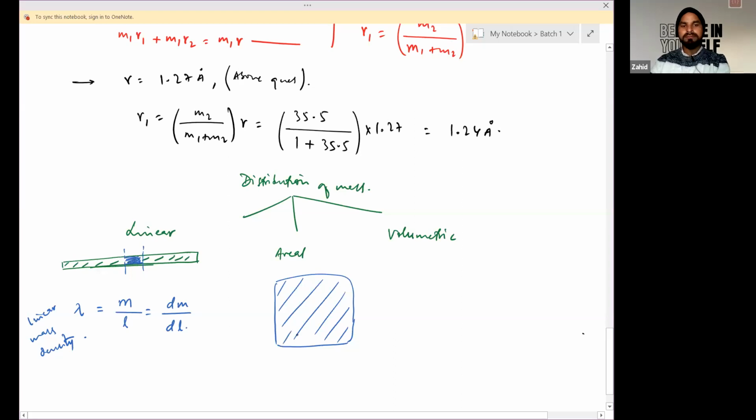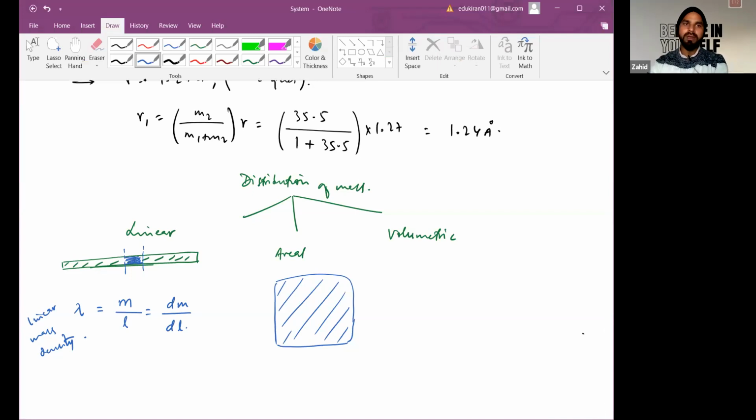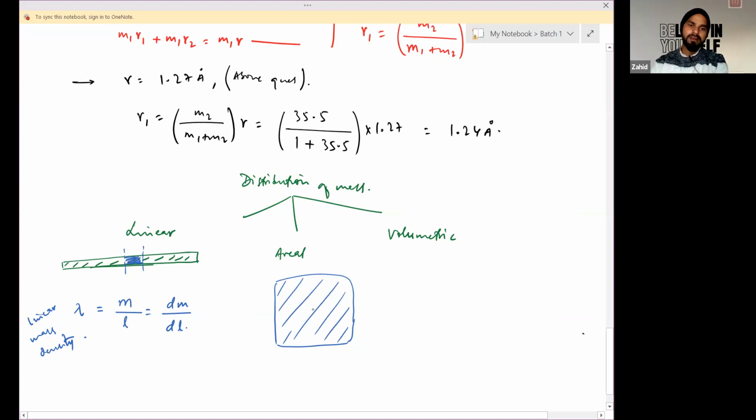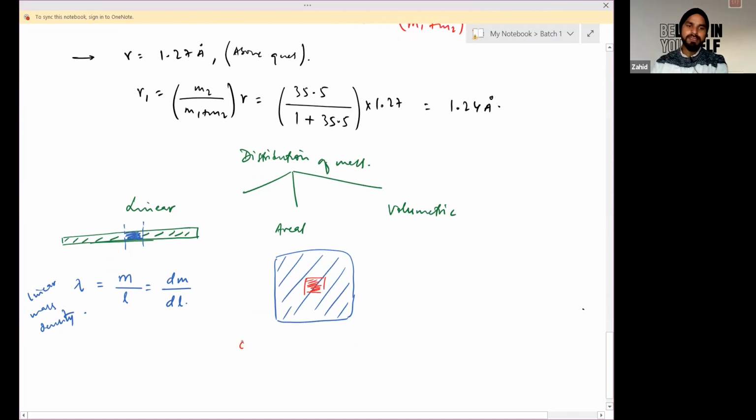Now suppose there is a sheet having some mass m distributed over area A. Now if you cut out a portion of it, we define sigma equals total mass of body divided by its total area, and it equals small mass of that segment divided by its small area.